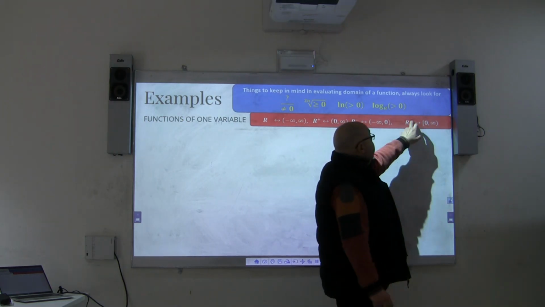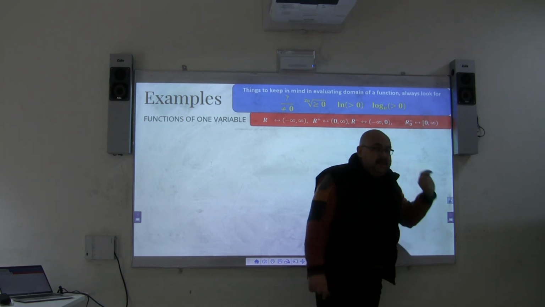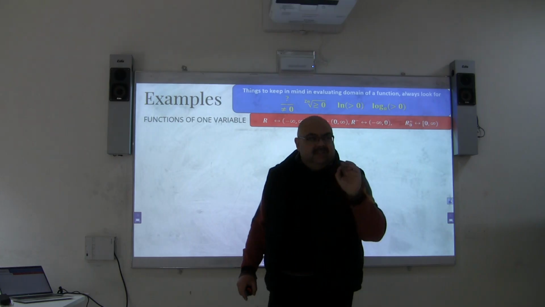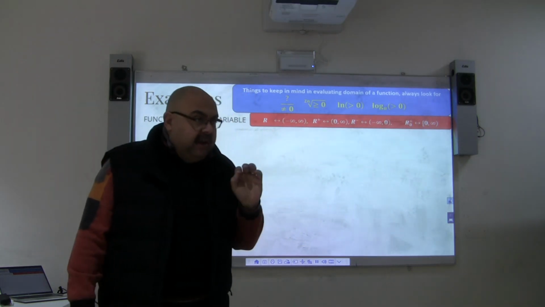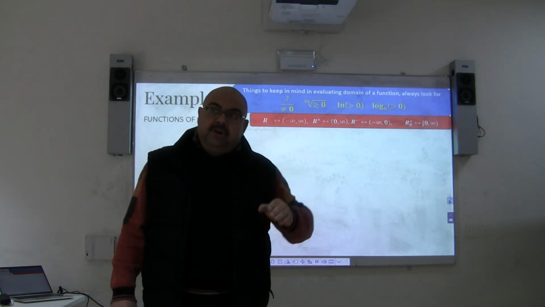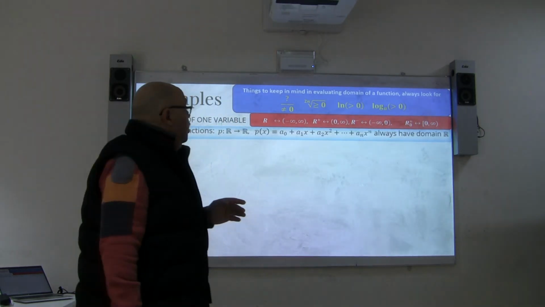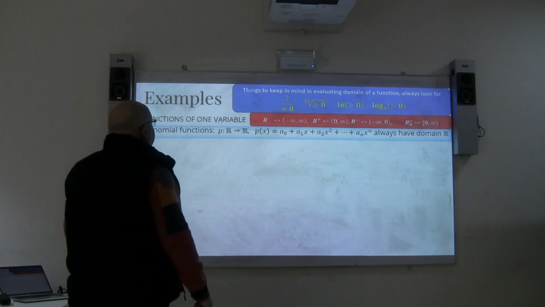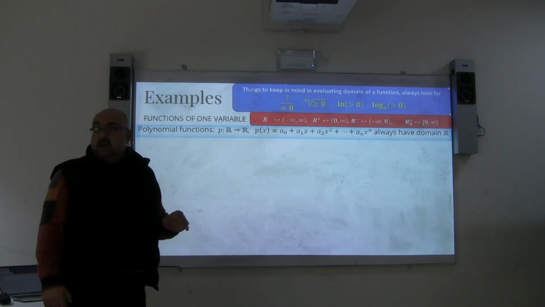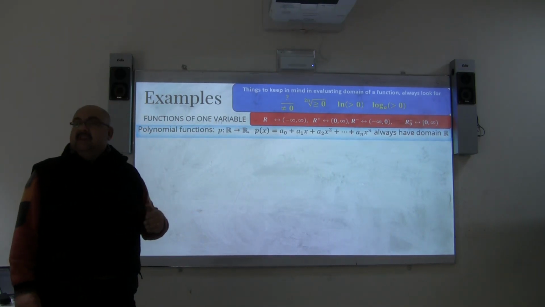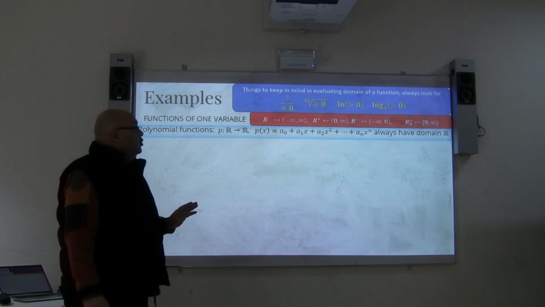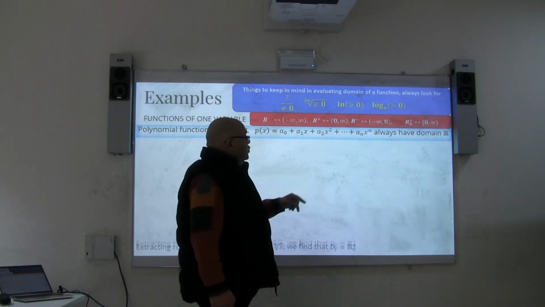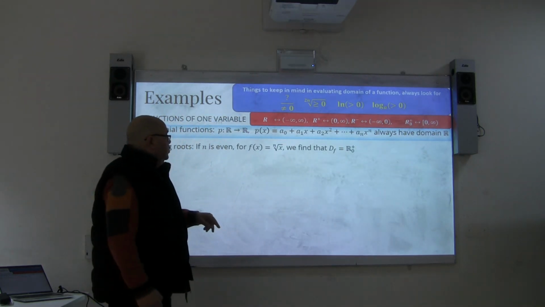If it is R positive and 0, it means that 0 is included in your interval, so it starts from 0 and above. Now for polynomial functions in general, like f of x equal to x plus 1 or x squared plus 4x or whatever, all polynomials have domain R, so it runs from negative infinity to positive infinity.